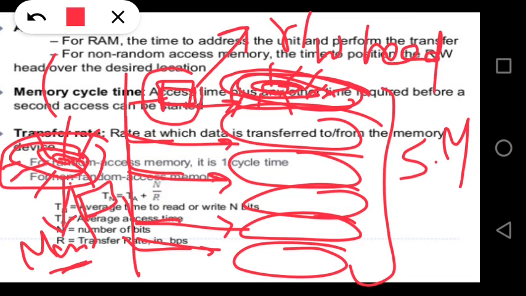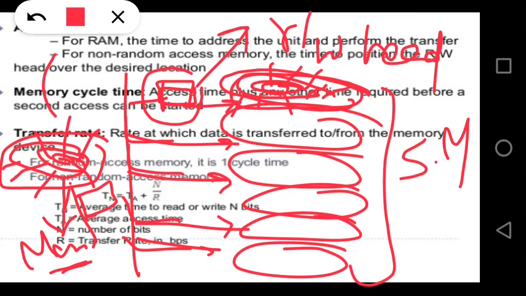But in the case of secondary devices, it's not just finding the address. It is the time to place the read-write head on the required memory location. Then the transfer happens once you place the read-write head, maybe a read operation or write operation. This total time is called access time.